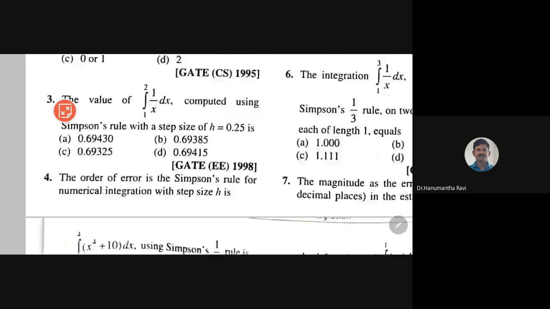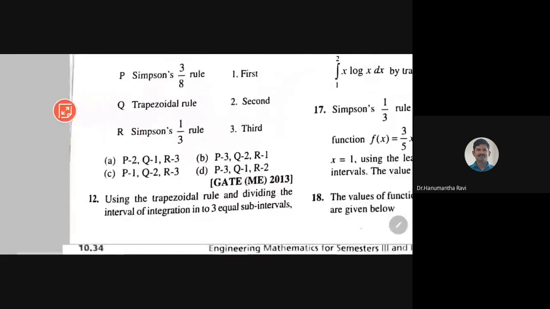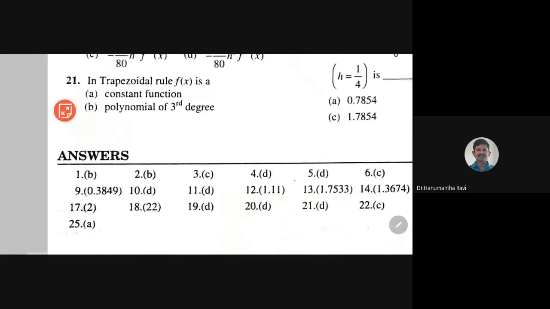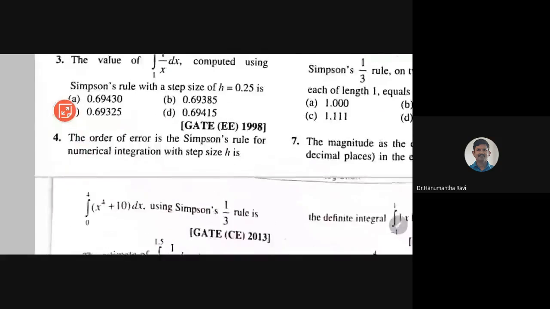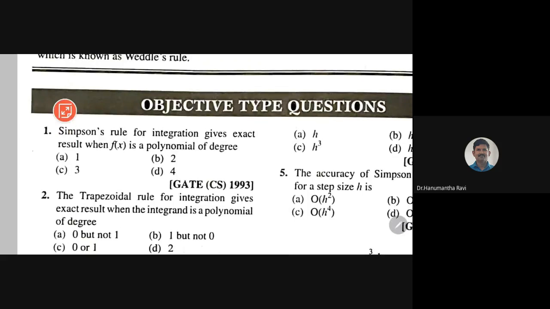So see, for the first question, the answer is B, this is a standard question. Simpson's rule for integration gives the exact result when f of x is a polynomial of degree 2.